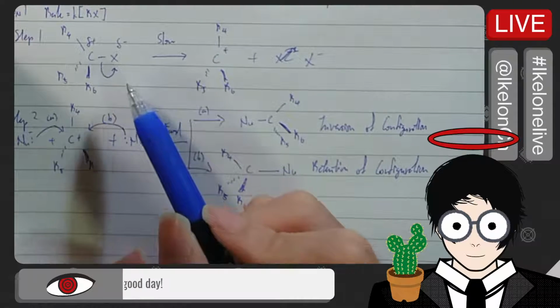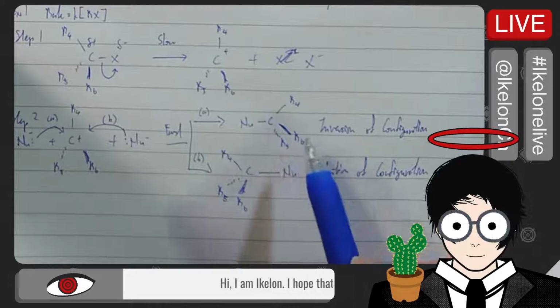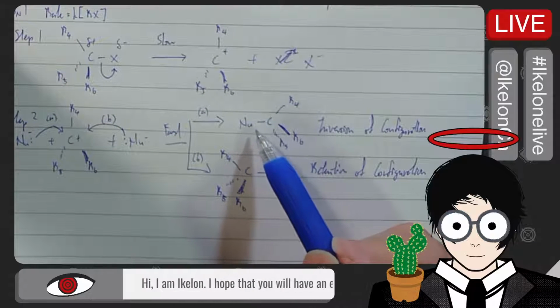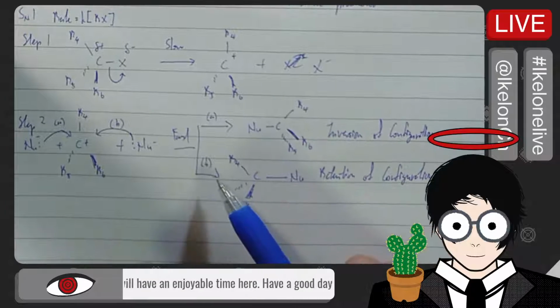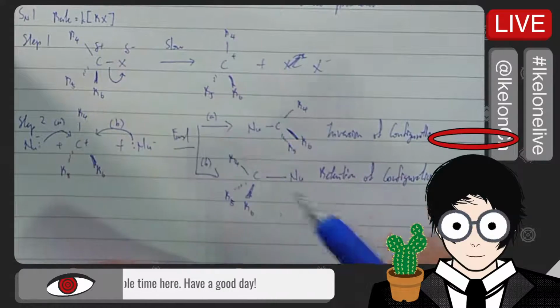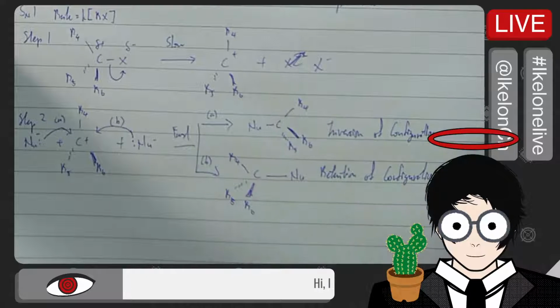So if you can see our original molecule here, X is on the right side, and inversion because the new bond formed is on the left side, so there's inversion. And if it goes by B, the nucleophile is still on the right side, that's why it's retention, still the same. So that's for our SN2 mechanism.